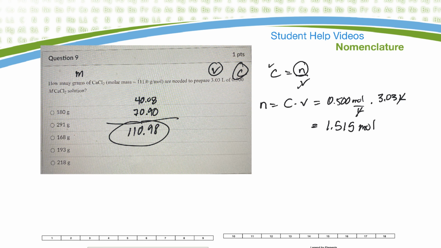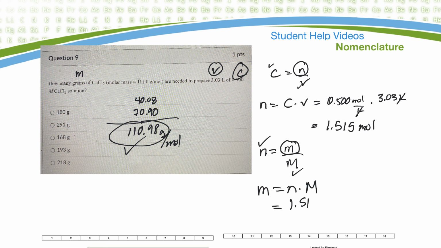Now my other formula was moles is equal to mass over molar mass. Now I know what my moles are. I calculated my molar mass right here. So I have that. And so I can figure out what my mass is. So mass is moles times molar mass. The moles are 1.515 times the molar mass is 110.98 grams per mole.